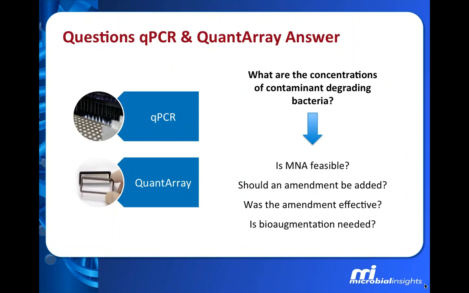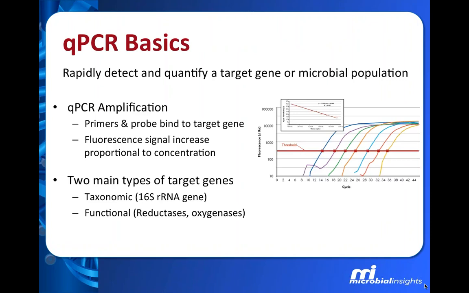Well, if our degrader populations are low or detected at very low populations, then maybe M&A isn't feasible and an amendment needs to be added. So then if we add an amendment, are we promoting the organisms we're interested in with this amendment? So these are the types of questions that qPCR and quant-array are really designed to answer. And many of you have seen this slide before.